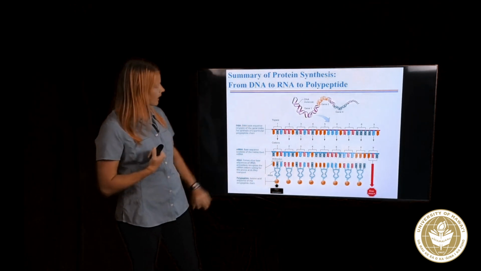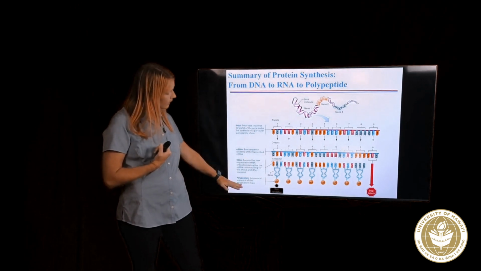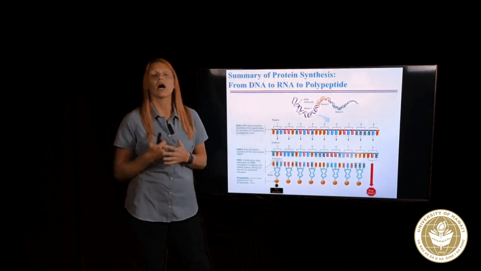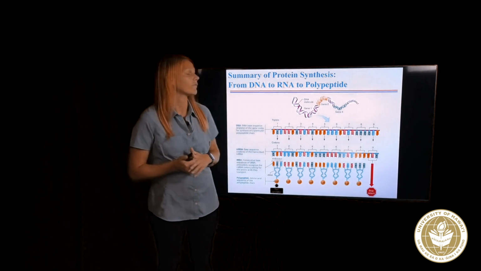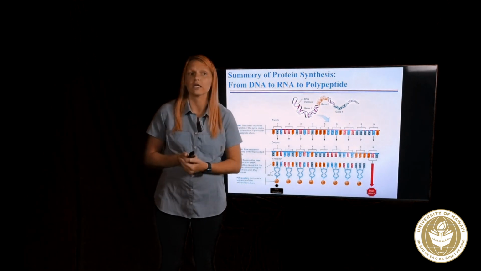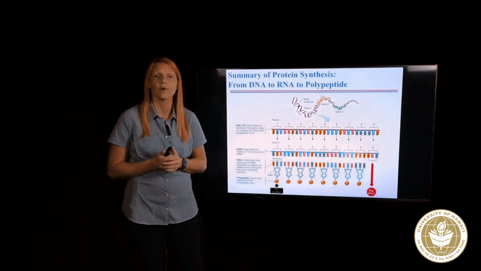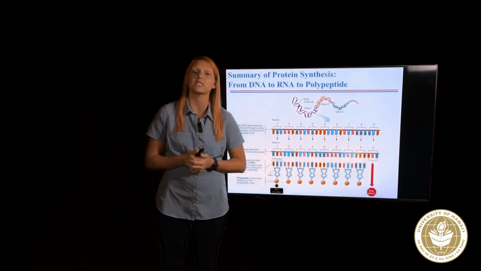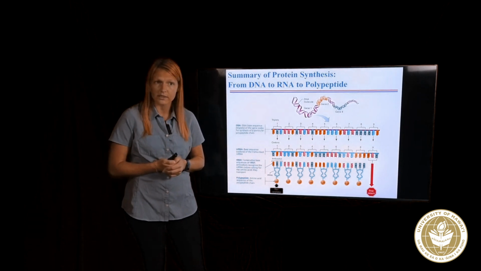So you have your DNA turned into your mRNA, then you have your tRNA that allows you to get to your protein. So complementary base pairing is going to direct the transfer of the genetic information in DNA into this amino acid sequence of proteins. DNA triplets are going to be coded to mRNA codons. mRNA codons are base paired with tRNA anticodons to ensure the proper amino acid sequence.